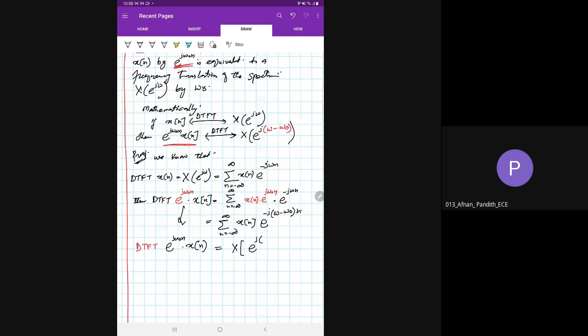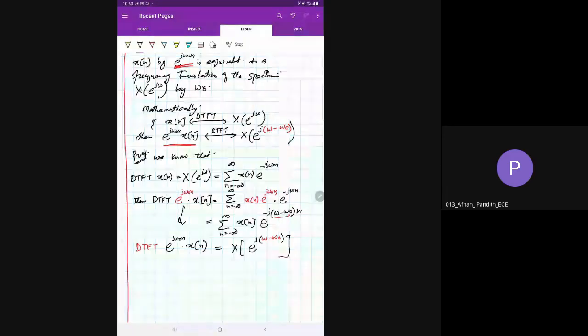What used to be omega in the actual formula, now you have omega minus omega naught. So this is the discrete time Fourier transform. Instead of omega you have omega minus omega naught.